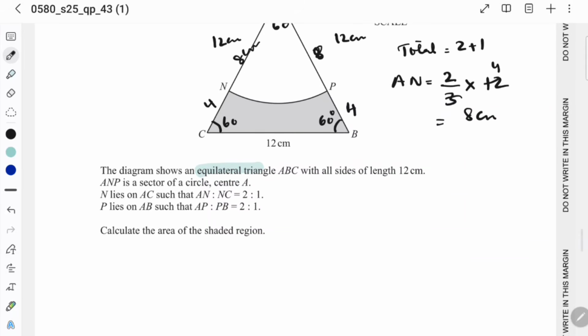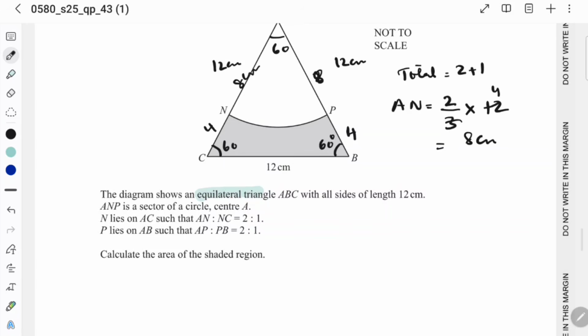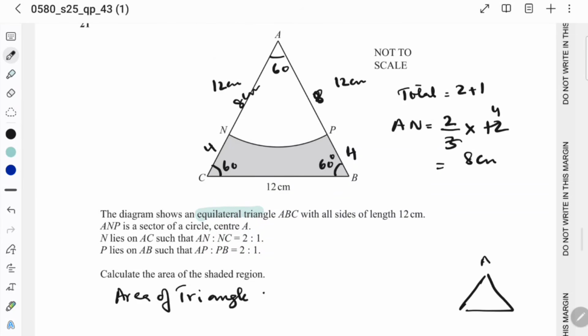The area of the triangle minus the area of the sector is the shaded area. For the area of the triangle, you have a non-right angle triangle, so remember half ab sine C. Here the sides are 12, 12 and the included angle is 60. If this is A, this is B, this is C, then this is also 12, this is also 60.